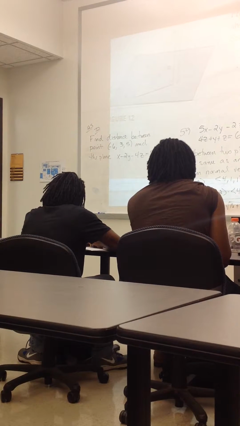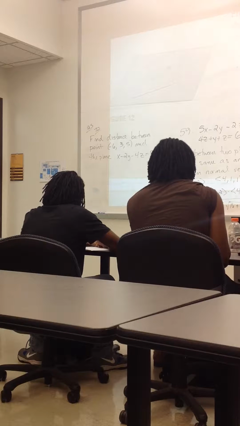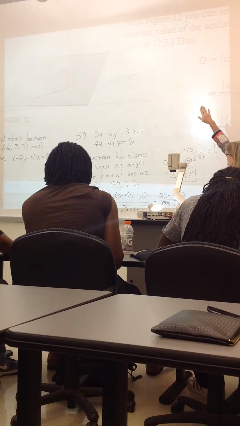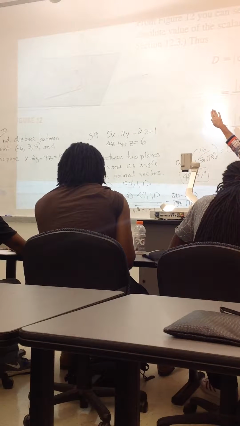When you're finding the distance between a point and a plane, what you're actually doing is projecting a vector from the plane to the point. Any vector that goes from the plane to the point will do.